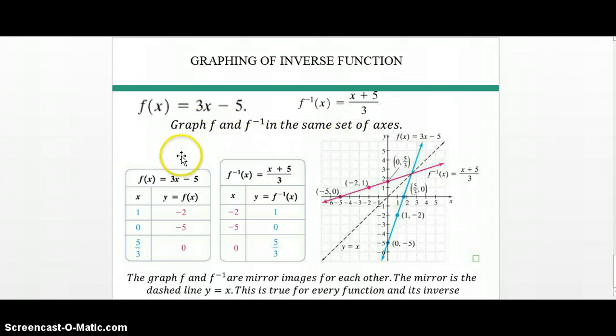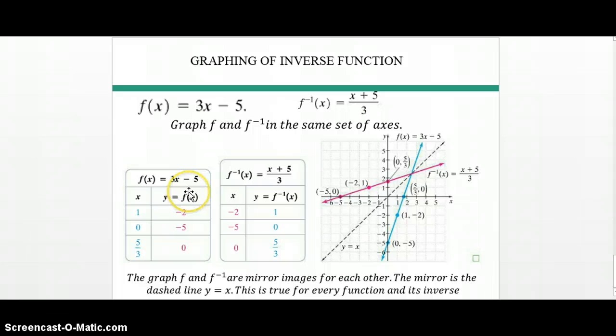For graphing we need the ordered pairs. Let us take the value of x as 1 and substitute here, we will get negative 2. Then 0, substitute here, we will get negative 5. 5 over 3, substitute here, we will get 0. So we get some ordered pairs.